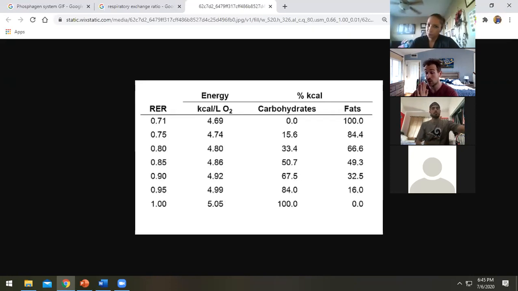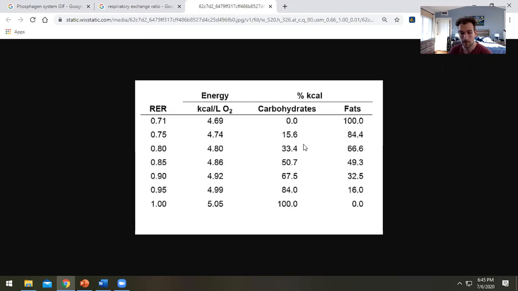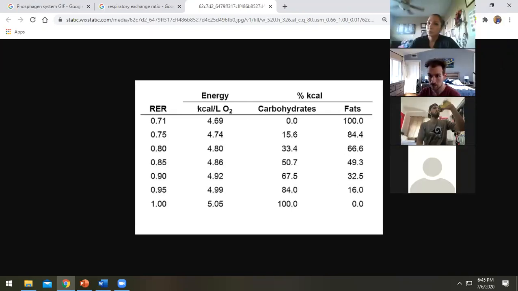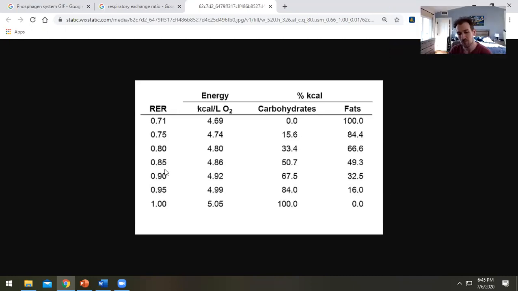But let's look at a marathon, right? My duration is 4 hours. I'm at it for a long time, but I'm not sprinting that whole 4 hours. I'm jogging it. So let's say I'm at like a 0.9. A good chunk of my carbohydrates are providing fuel, and 10% of the oxygen that I inhale isn't getting used.